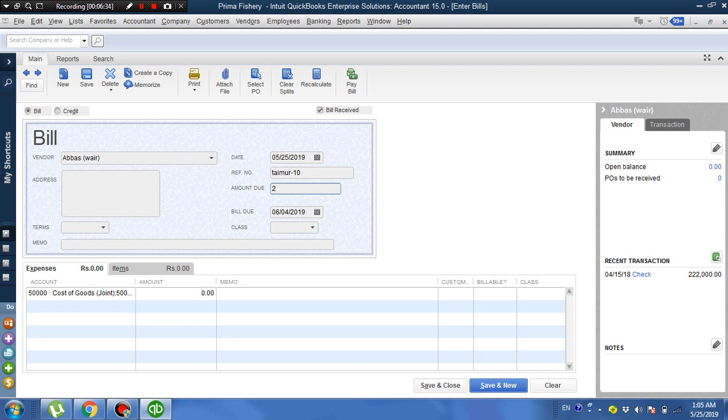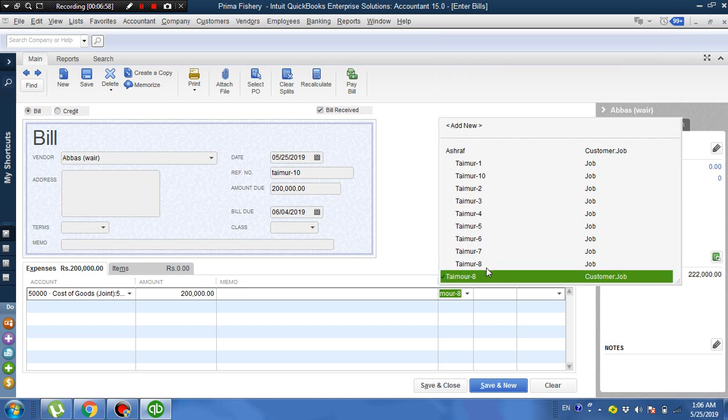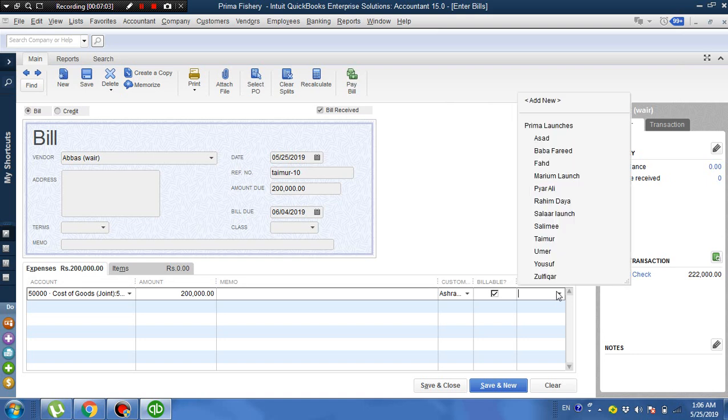and the amount is 200,000. We select this here. We select a job from here. Look at this, Taimur 10. We select a class here, Taimur.